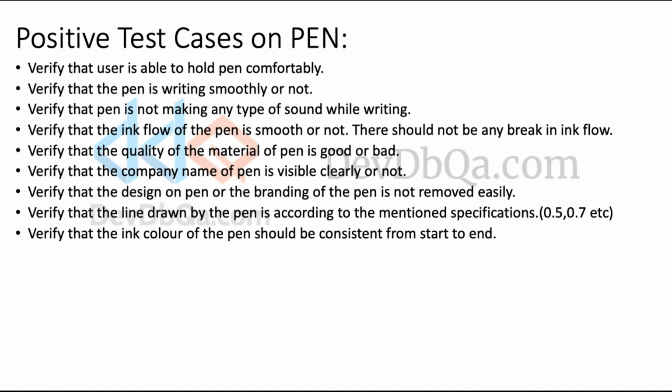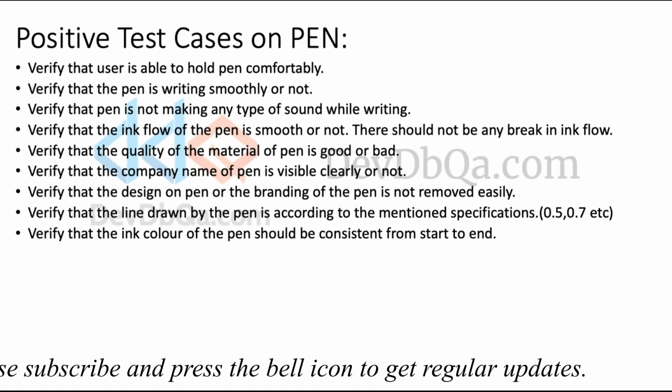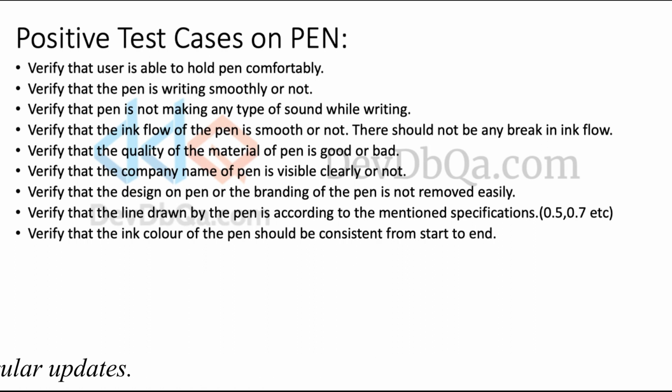Next is verify that the ink color of the pen should be consistent from starting to end. So the ink of the pen should be consistent, so it should not fade away at the ending of the ink, or it should not be very dark during the beginning of the writing of the pen.